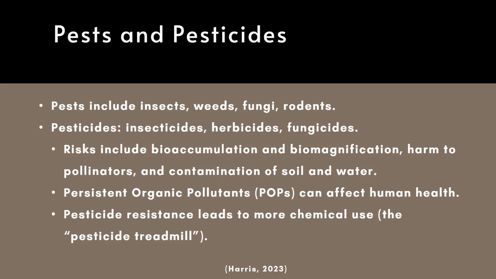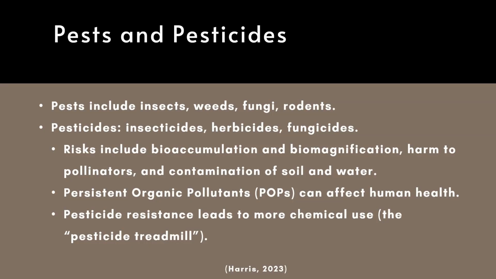Pesticides can also impact beneficial species like our pollinators, bees, and butterflies, which are essential for plant reproduction. Additionally, chemical residue can contaminate soil and water, affecting the entire ecosystem, potentially entering drinking water supplies. A particular concern is a group of chemicals known as persistent organic pollutants, or POPs, which break down very slowly in the environment and can cause serious health effects in humans, including hormonal disruption and increased cancer risk.